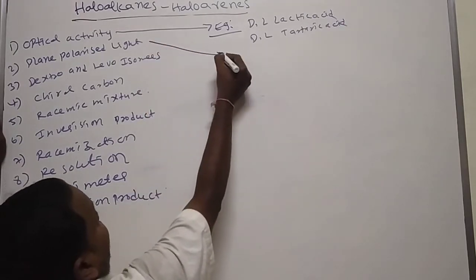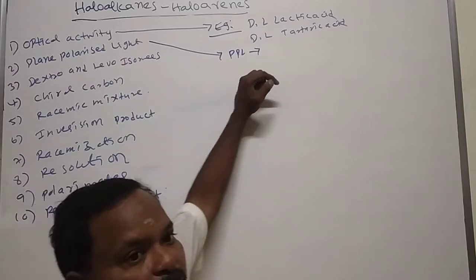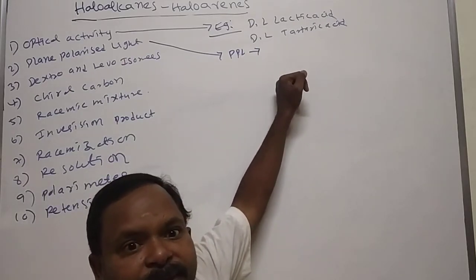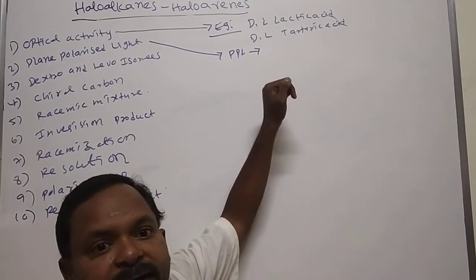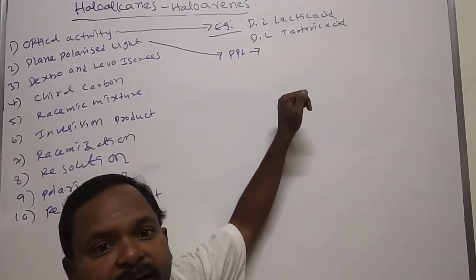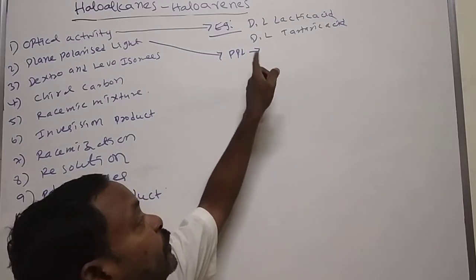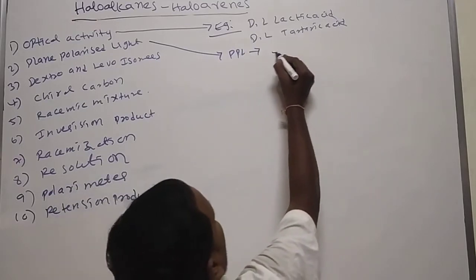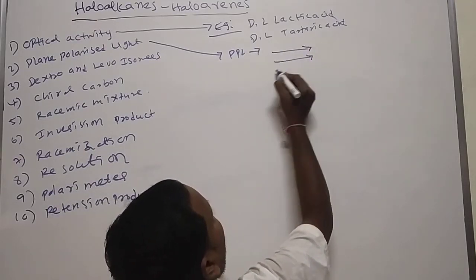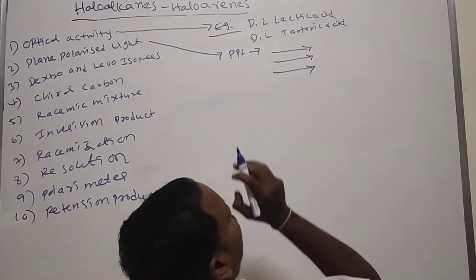Plane polarized light we call PPL. What is the meaning of plane polarized light? If any light moves in the same direction, with the light rays moving in one direction, we call that plane polarized light.